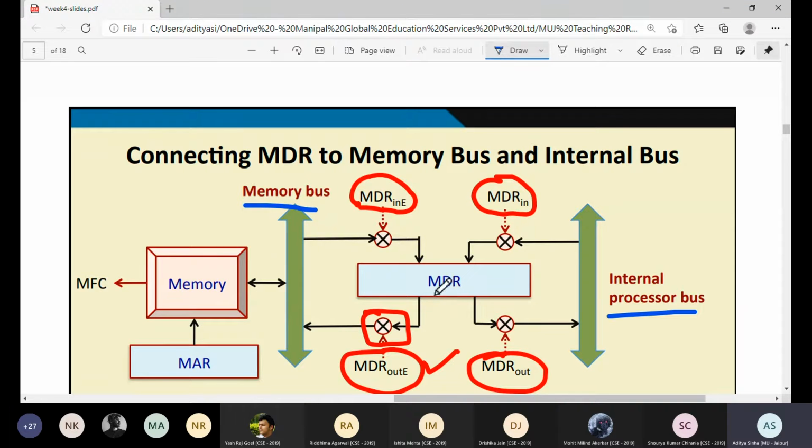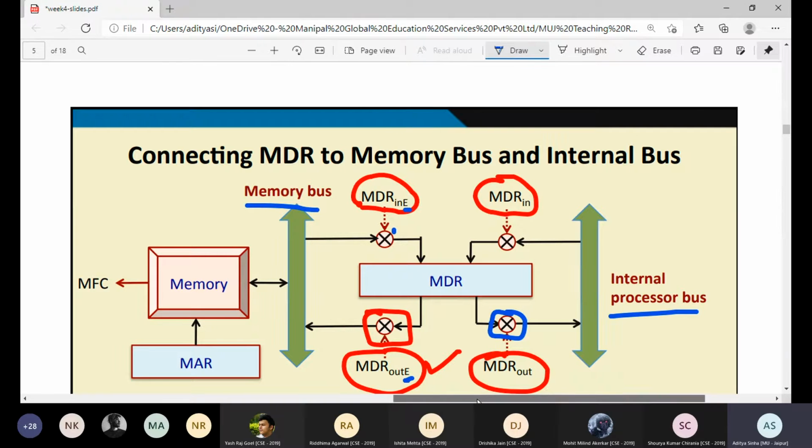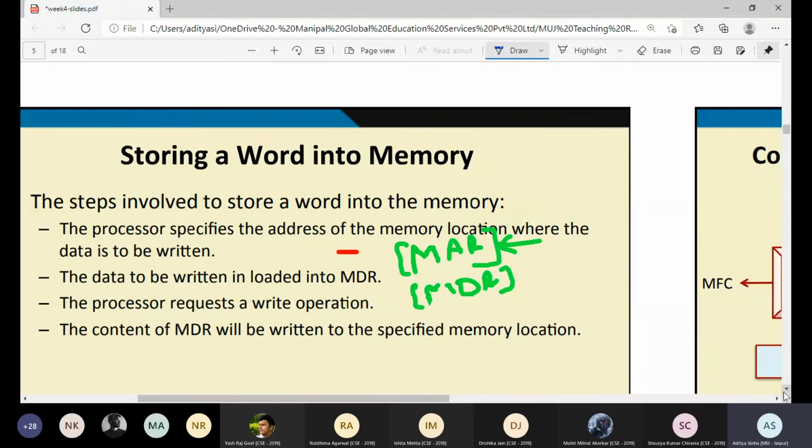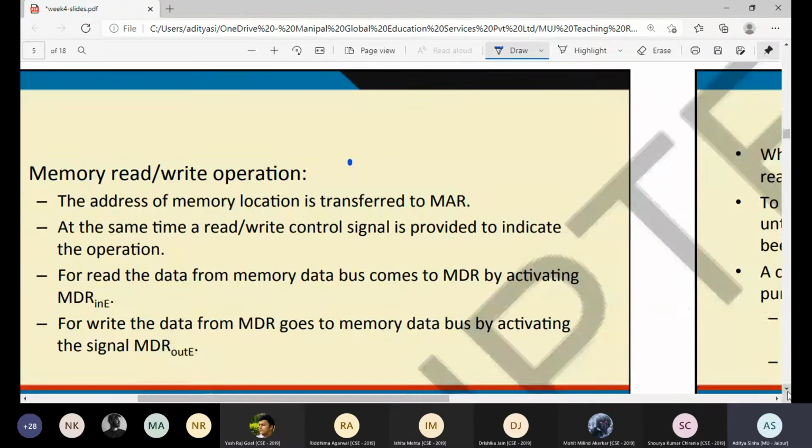So is MDR connected to both the buses? Yes, sir. And it is connected through these four control switches, which are controlled through these control signals: MDR in, MDR out, MDR in E and MDR out E. What is this E telling you about? External. Okay. So we discussed these points in the last lecture.